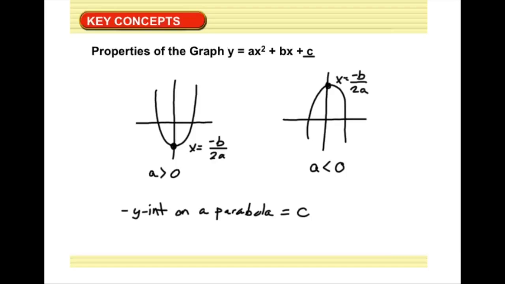So let's say, for example, my y-axis was here, where my parabola crosses the y-axis. This point, the y value is c. So my coordinate would be x, comma, c. And you could always solve for what that x value would be.